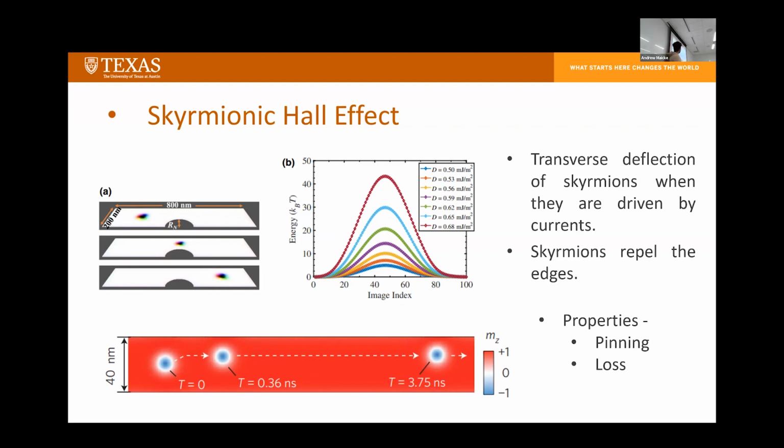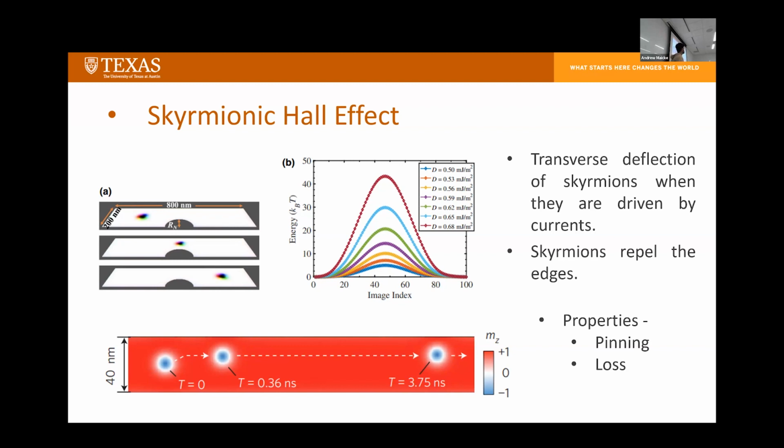Coming to the figure on top, let's say you introduce a notch in the racetrack, what happens then? The figure on the right shows the energy profile as the skyrmion approaches the notch. You see a very high energy barrier which is created, and that varies for different Ds.